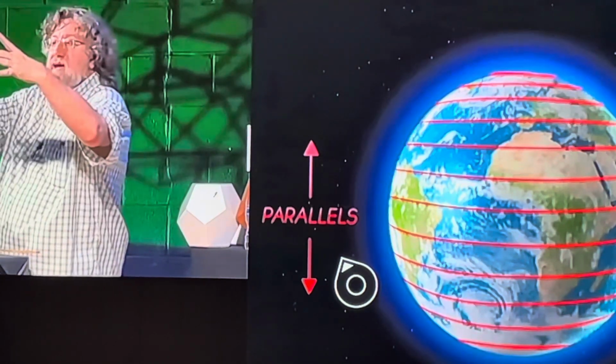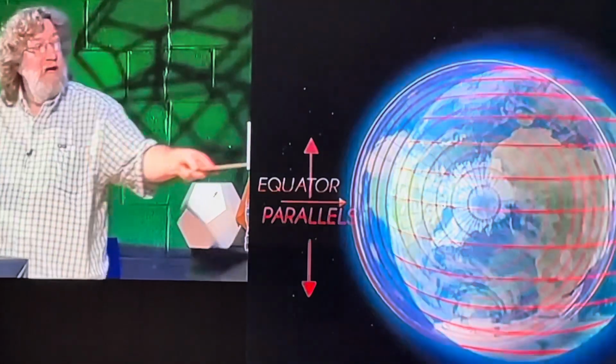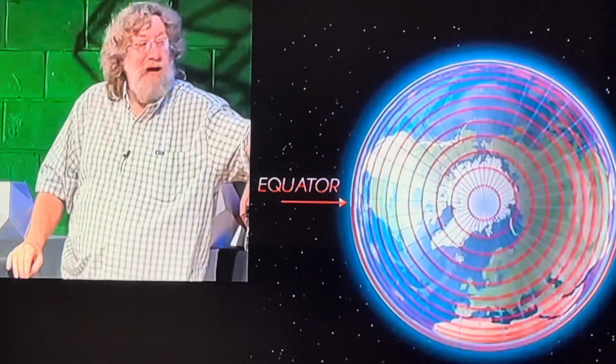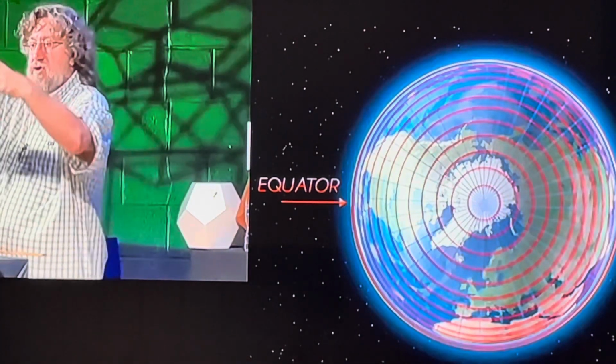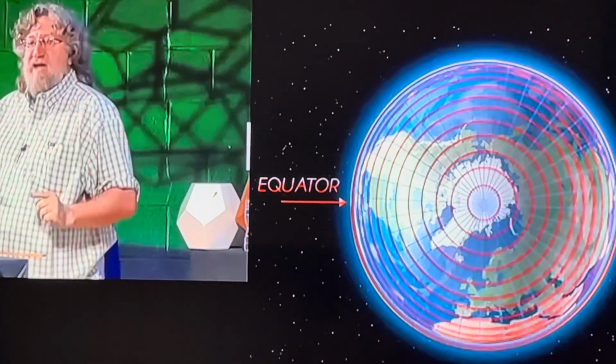Again, parallels are going to be in circles, and you're going to notice that the biggest circle is going to be the equatorial circle, and as you travel towards the poles, those circles get smaller in size.